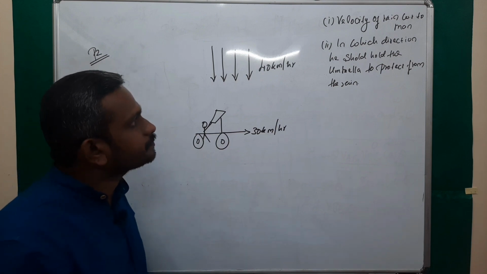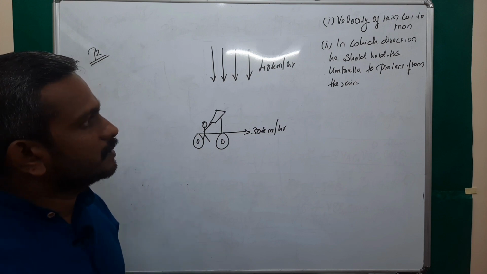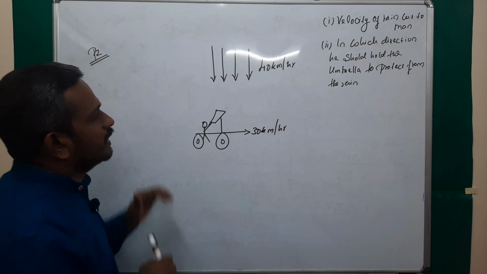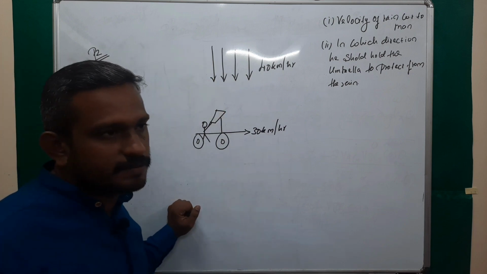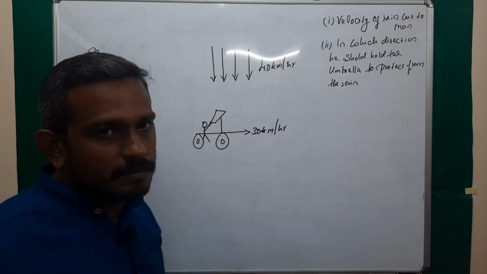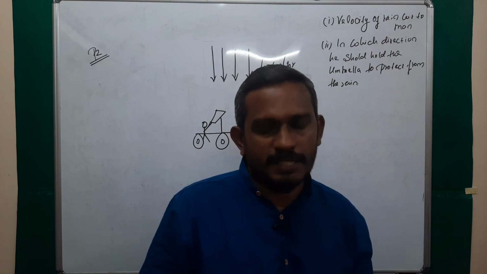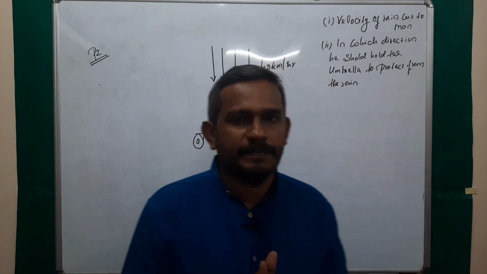So the rain is falling vertically downwards. But when we ride the bicycle or bike, we usually feel something different.